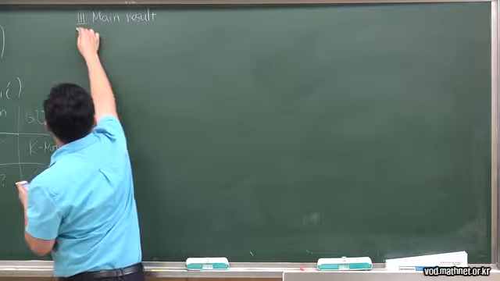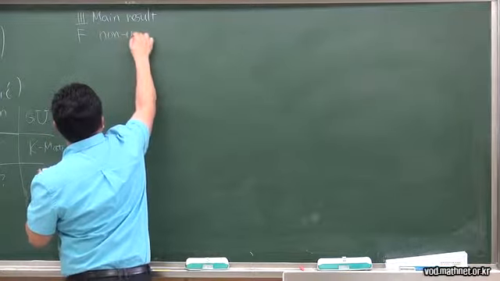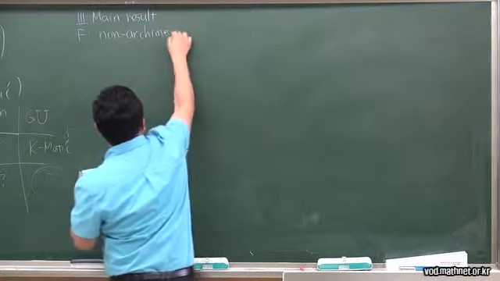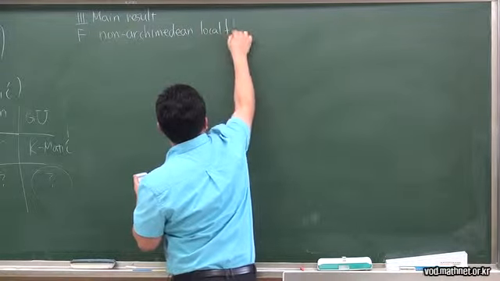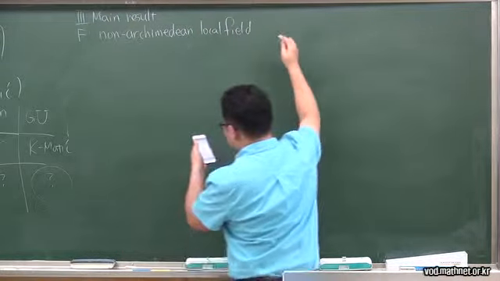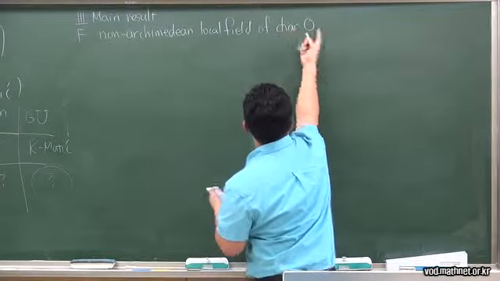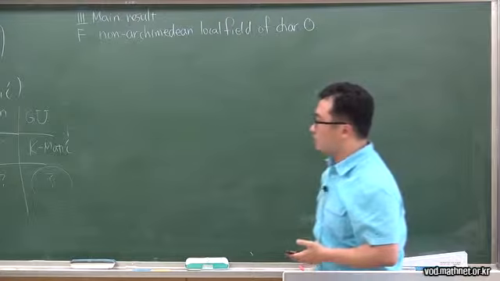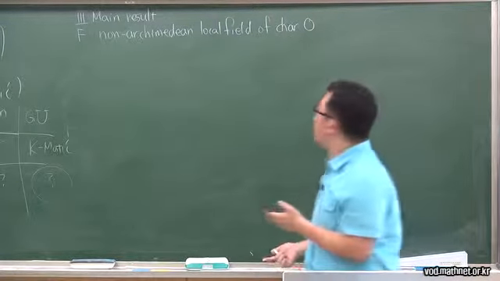The basic setting is that F is a non-Archimedean local field of characteristic 0. We need this condition because we also sometimes use the theory of intertwining operators a little bit.